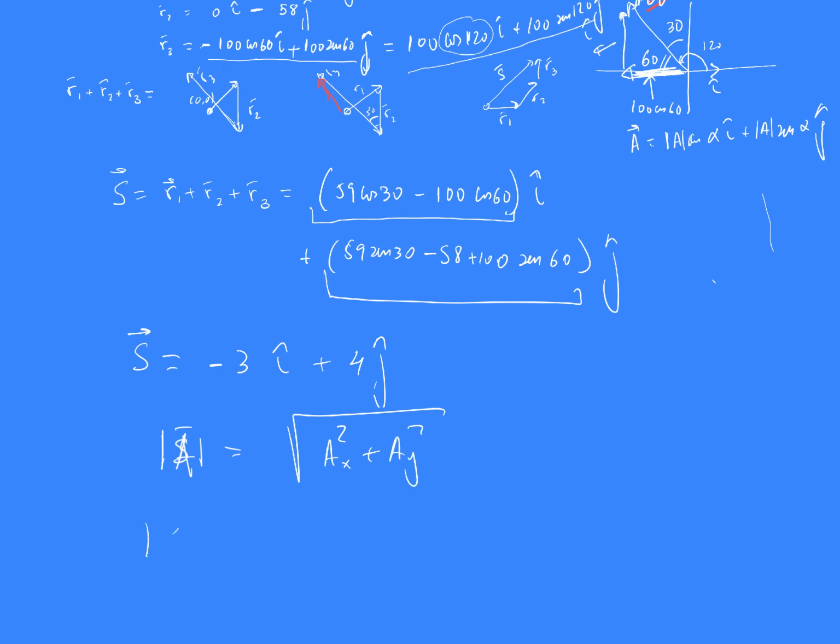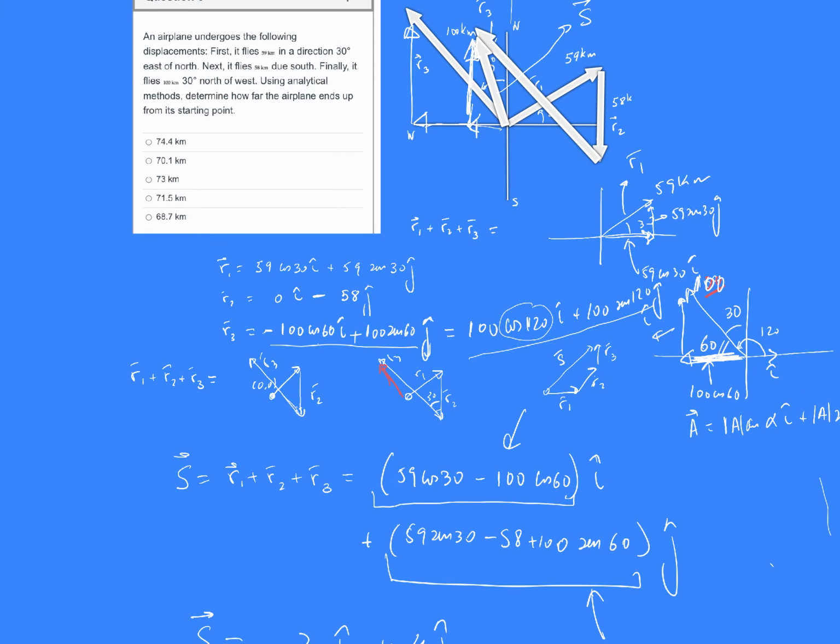So in this case, the magnitude of S will be the square root of minus 3 squared, which will be positive, plus 4 squared. You calculate this quantity in your calculator, put the result here, and compare it with one of the results here. I don't know why they look very similar, but one of them is the correct answer. Okay.